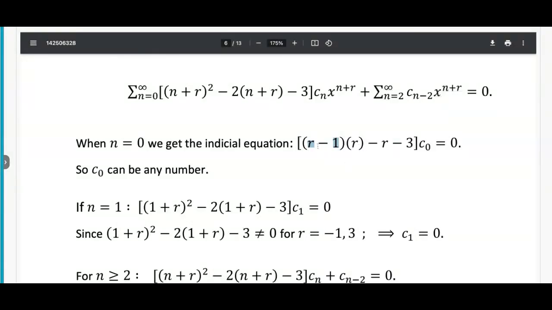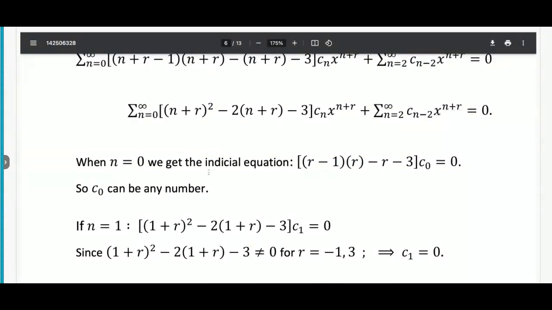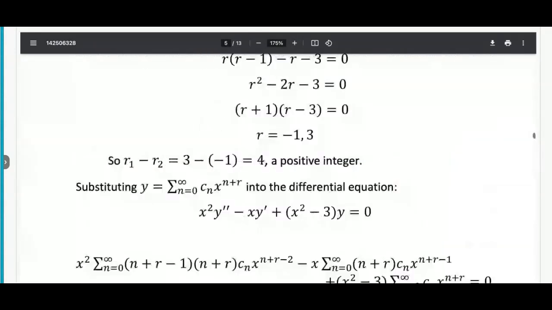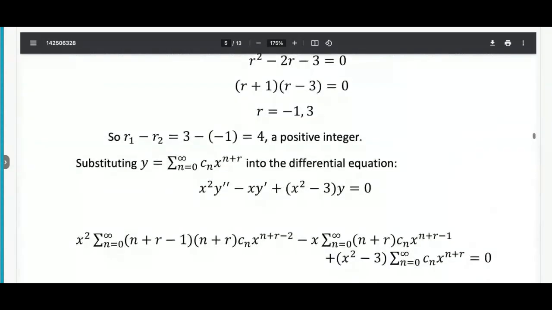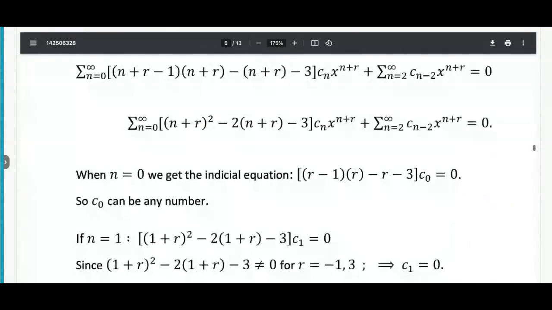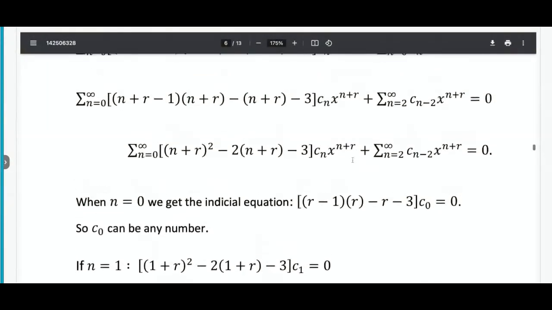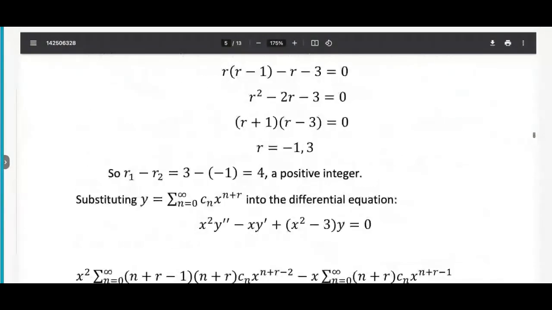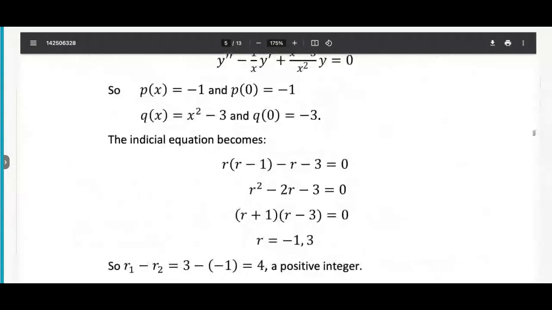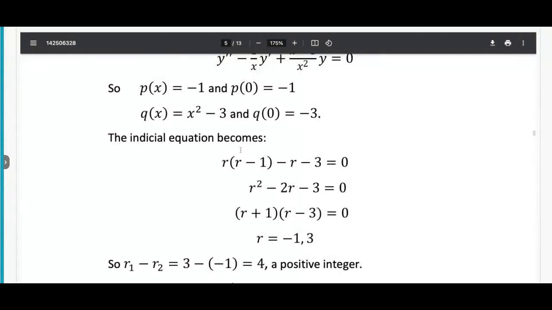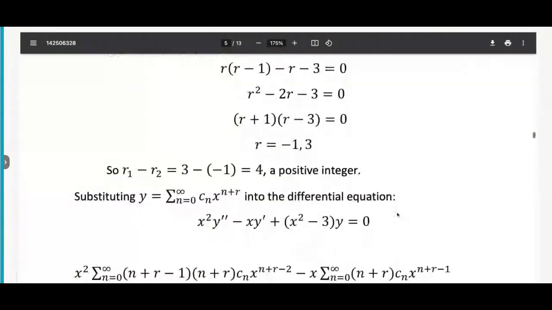Oh, hold on one second. There's a typo there. It's r minus 1, r minus 3.